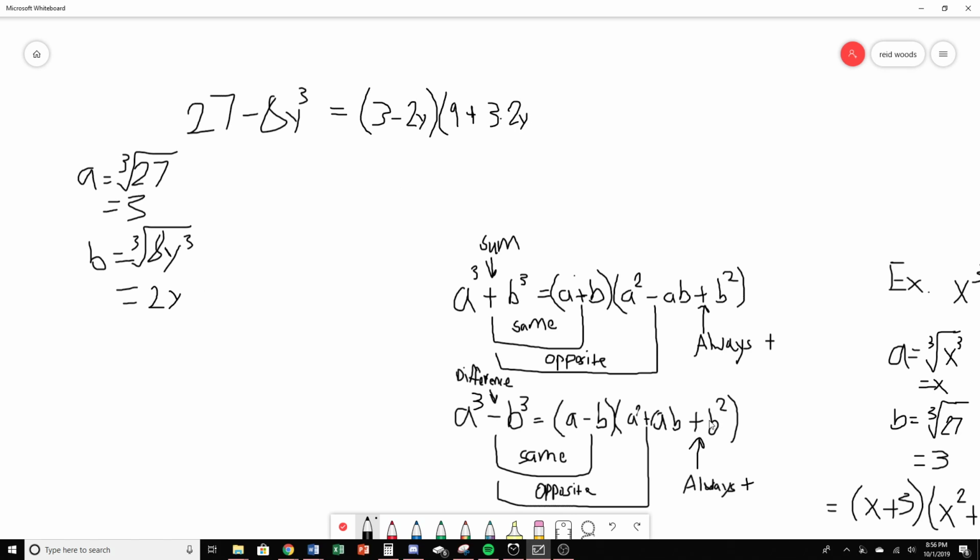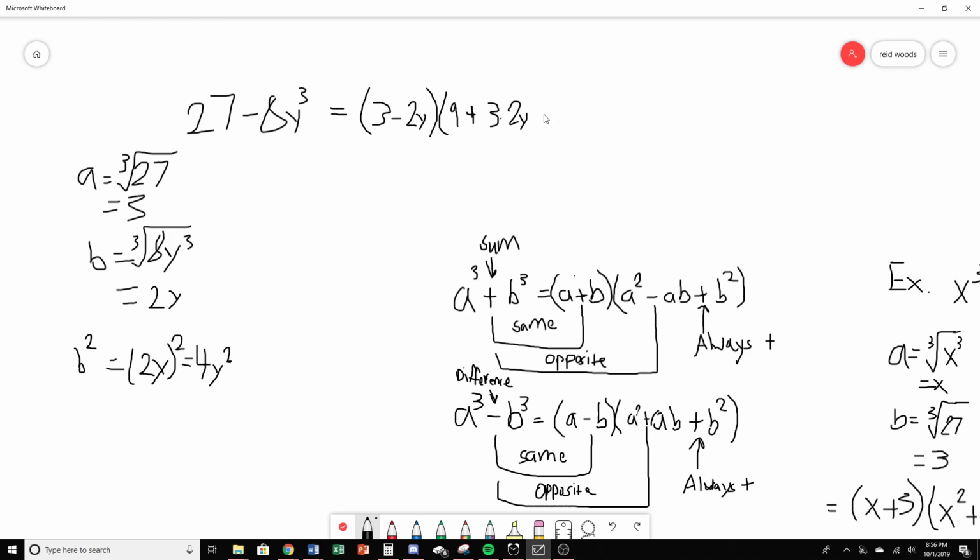And then last, I need b squared. So I need to square this whole term. So what is b squared? Well, I'm going to square this term, so it should be 2y squared, which equals 2 squared is 4, and y to the second power is y squared.